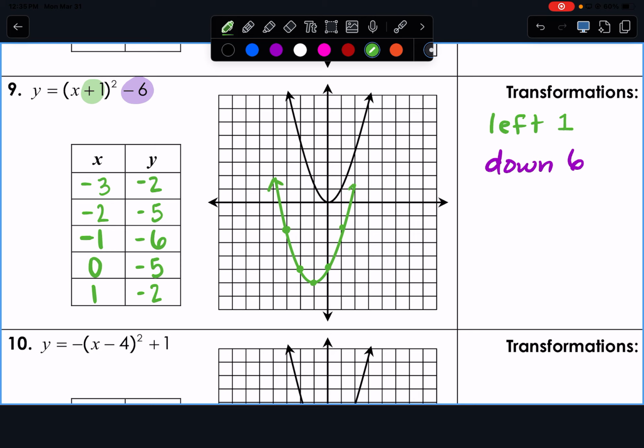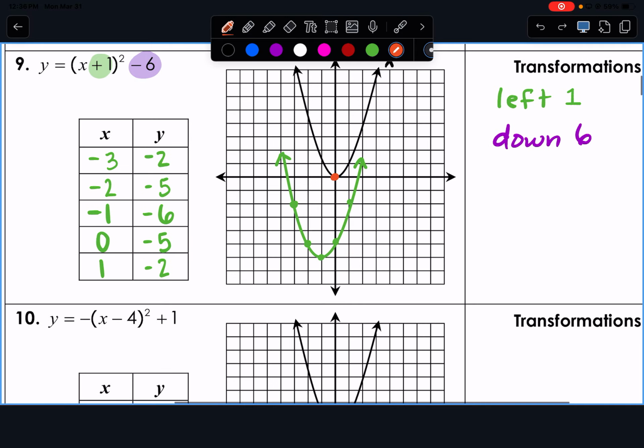The reason they ask you to draw this on the graph with the one that's already there, which is the graph of x squared, is that it shows you very clearly how it's the same graph, just moved left 1, down 6. It moves the vertex from here, left 1, then down 6. And that's how it gets there.